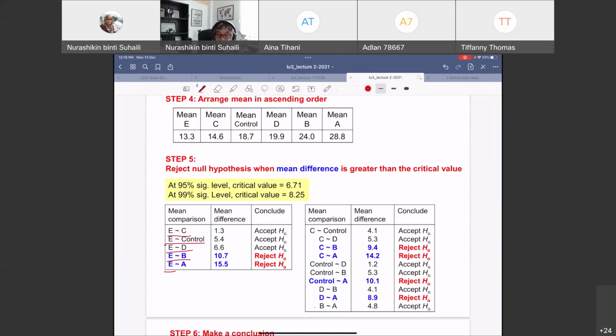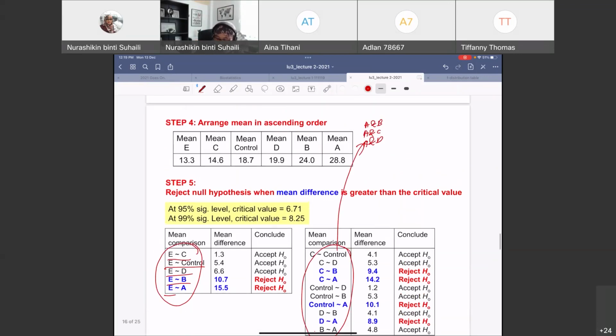But to make it easy, you can just go for A and B. If following the actual order, A and C, A and B. You can fill in all the possible pairs that I've listed just now. Okay. I don't prefer step 4 actually.